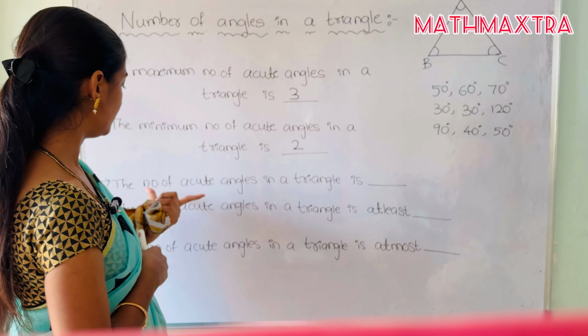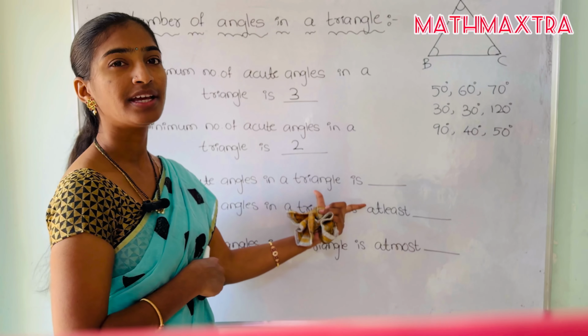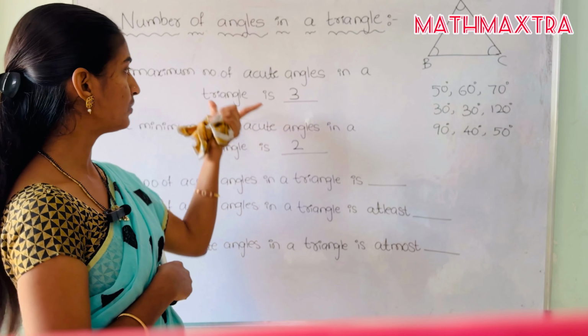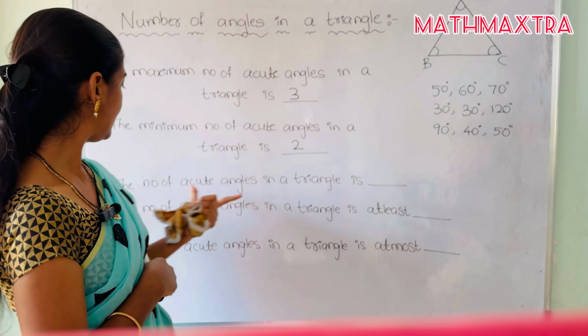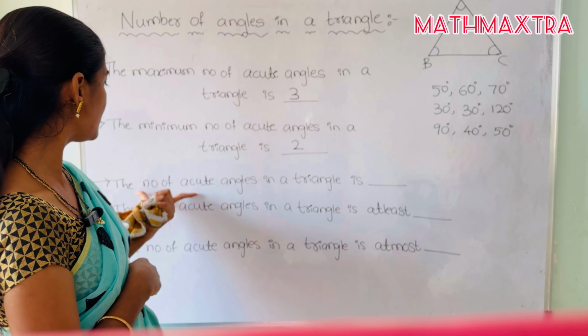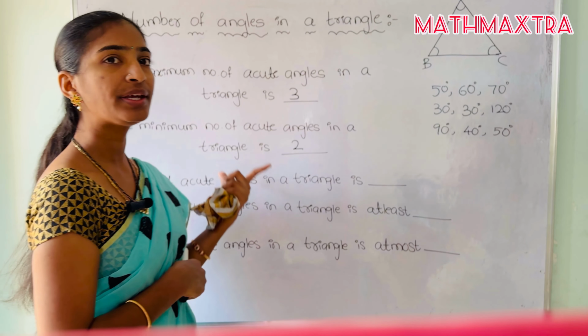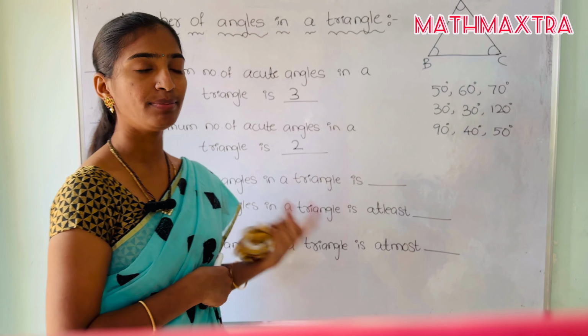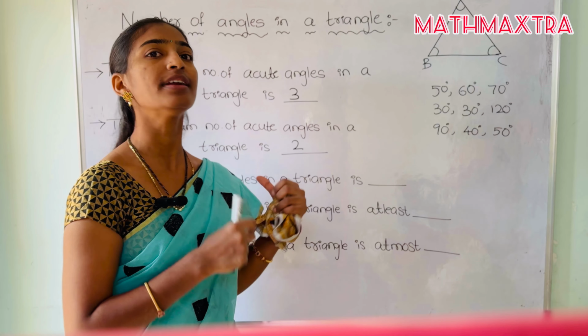See the next one. The number of acute angles in a triangle is, observe the difference from the above two points. Here we are mentioning simply the number of acute angles in a triangle, meaning how many acute angles are possible in a triangle.